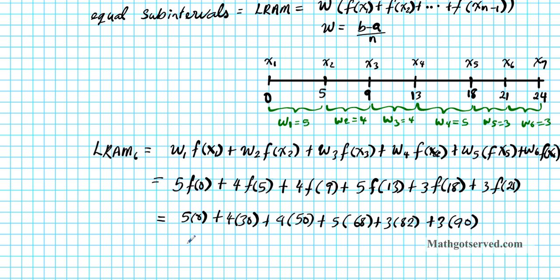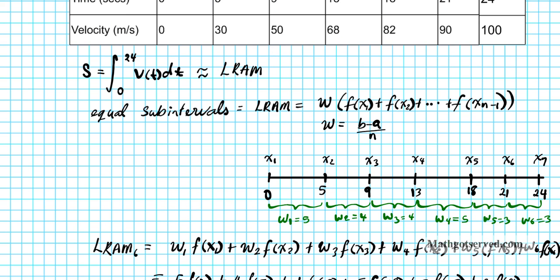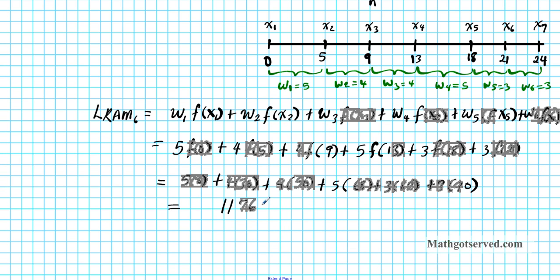If you put all this together and calculate it, you're going to come out with 1176. What's the unit of our distance here? Meters. Okay, so this is the total distance the particle covered.